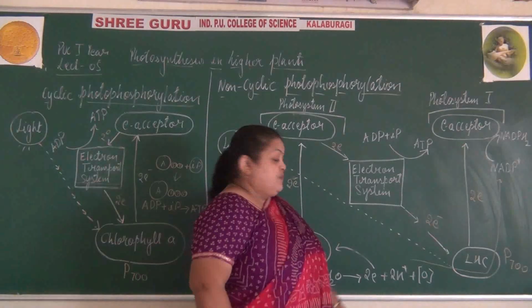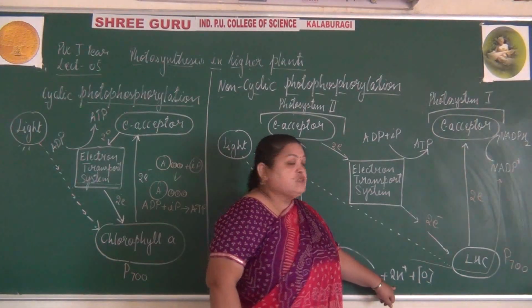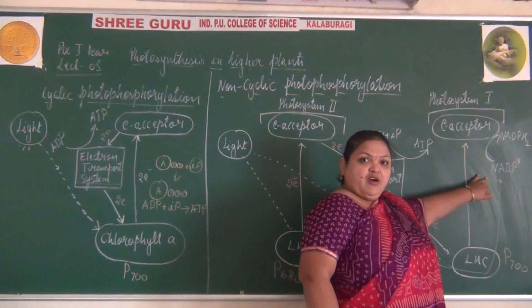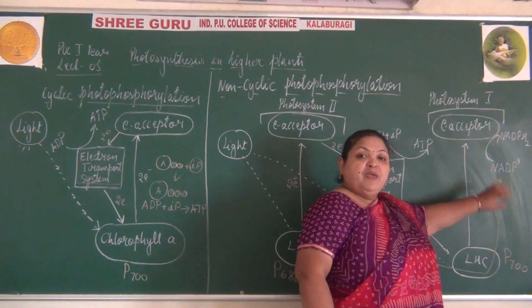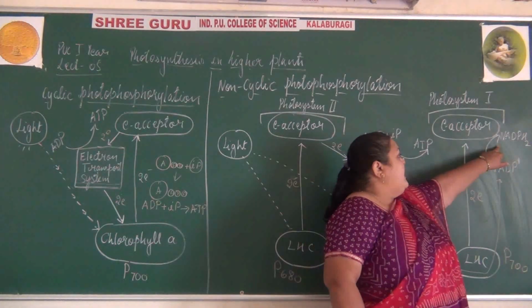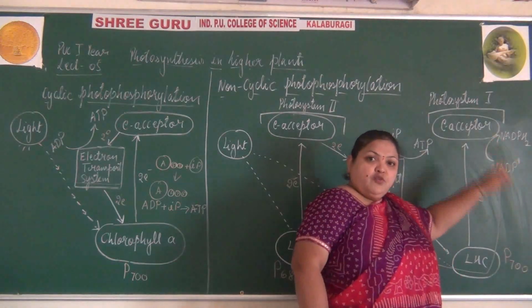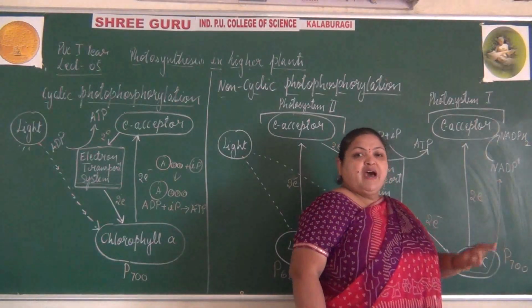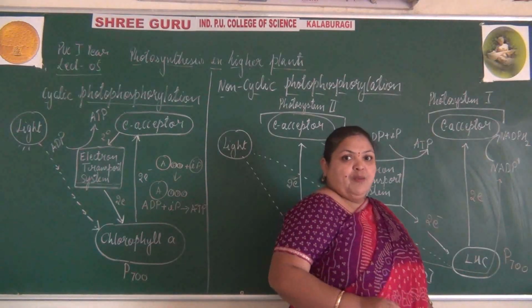to help accept the protons, or the hydrogen ions. When it accepts the hydrogen ions, NADP is reduced to form NADPH2. In the photosystem 2, NADP enzymes are present in the stroma of the chloroplast.